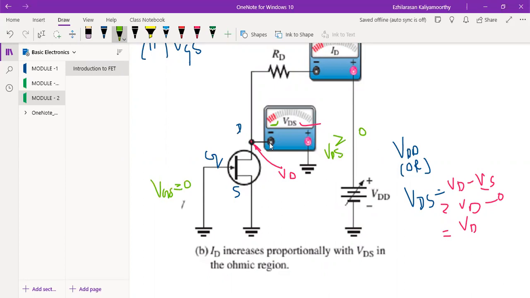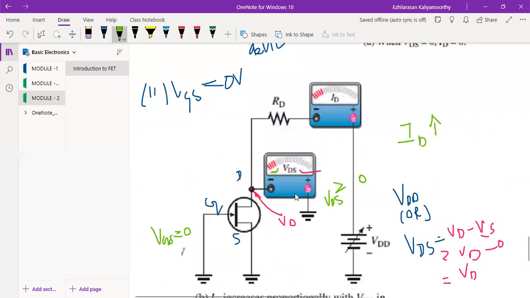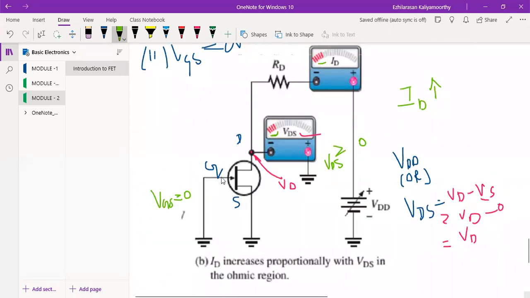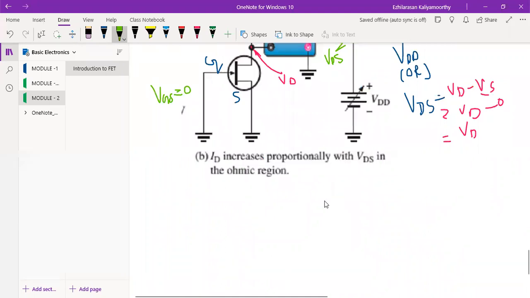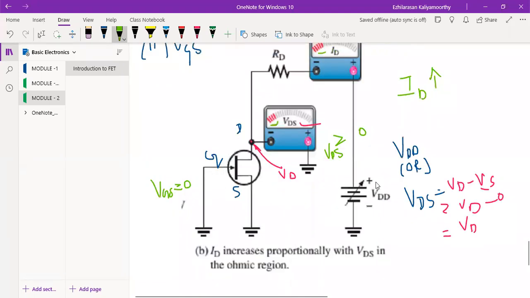If the VDS is greater than 0 here at this point, and we increase it, what will happen? Then the current ID will increase. You see this. So ID will be increased proportionally with VDS in the ohmic region.